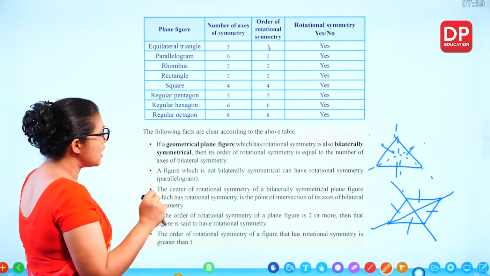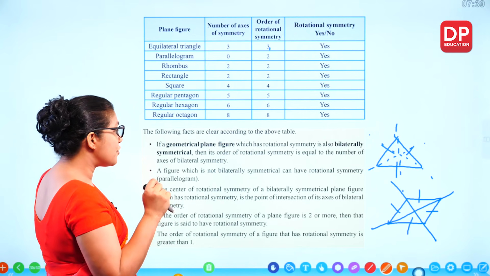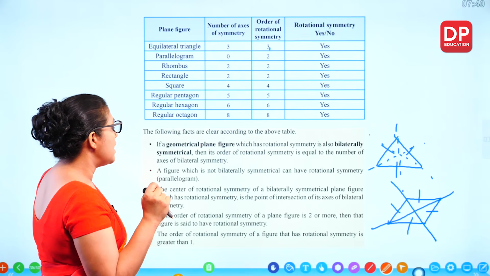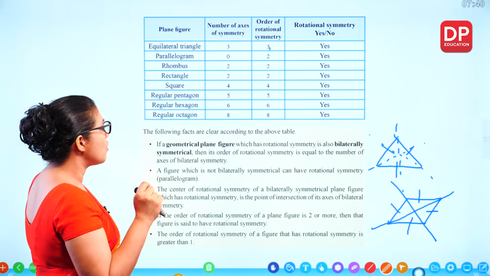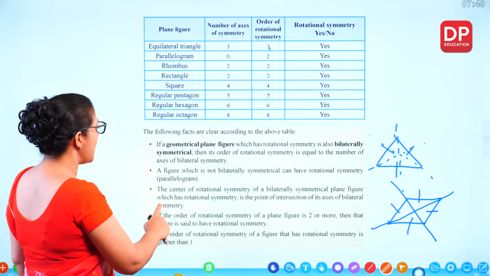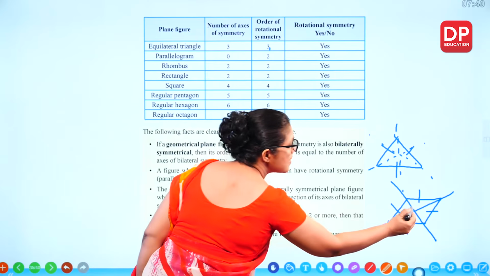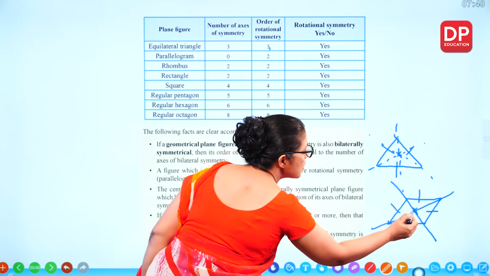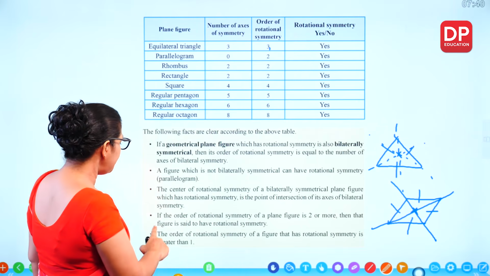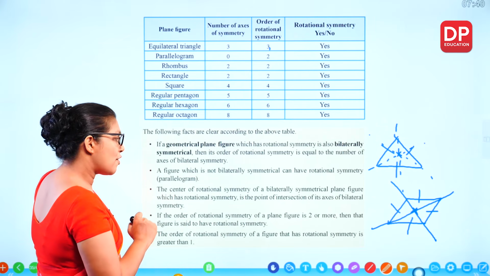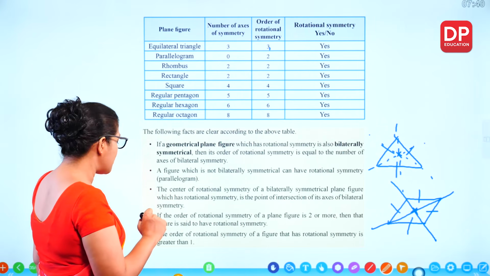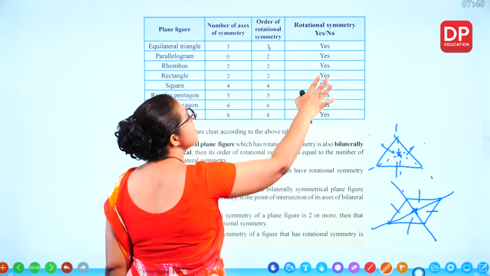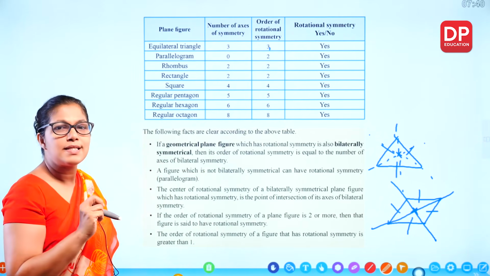The center of rotational symmetry of a bilaterally symmetrical plane figure which has rotational symmetry is the point of intersection of its axes of bilateral symmetry. So these points are the center of the rotational symmetry. The order of rotational symmetry of a figure that has rotational symmetry is greater than 1. If it's 1, we don't say it has rotational symmetry.